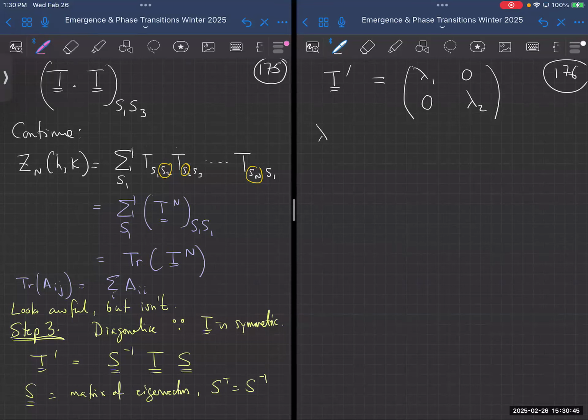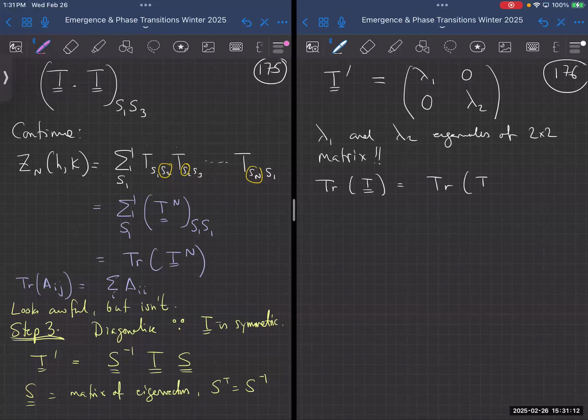So lambda 1 and lambda 2 are eigenvalues of a 2 by 2 matrix. Okay. Now the great thing about the trace, if I have the matrix T and I have the matrix T prime, they have the same trace.